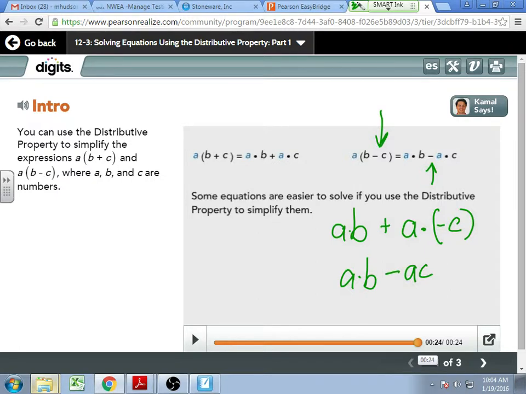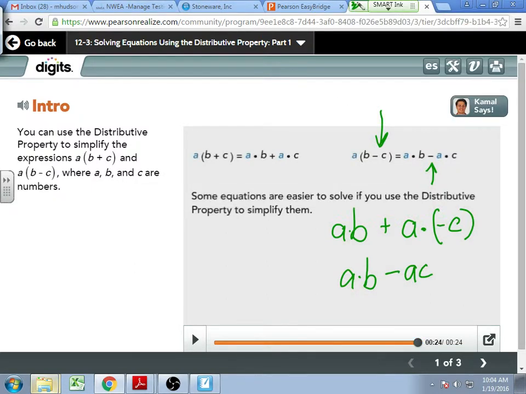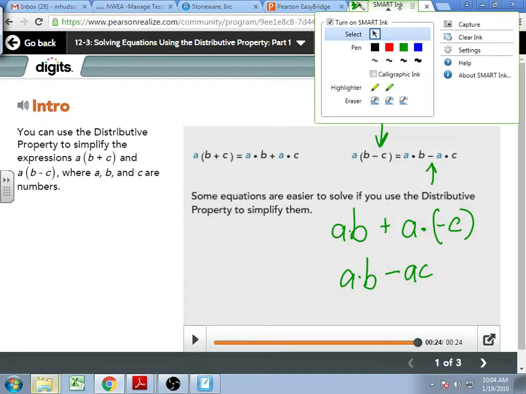But you just have to think through, am I using it as a minus? Am I using it as a negative? It cannot be both. It can only serve one purpose. Does that make sense? It'll make more sense when we have numbers to actually do the multiplication, but that's your option. You can either carry it over as a minus sign or carry it over as a negative value.